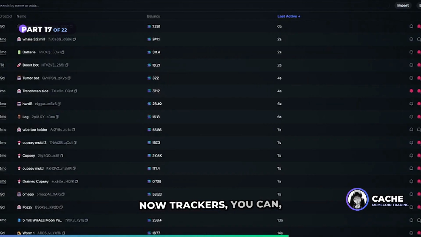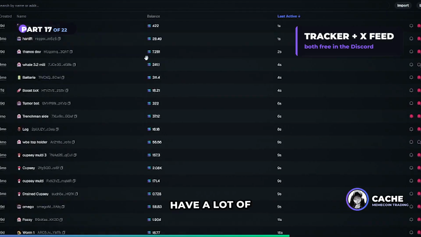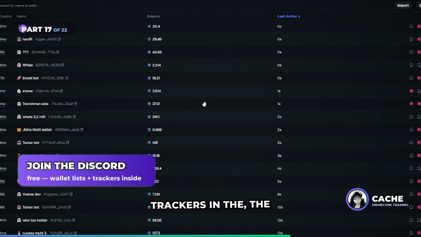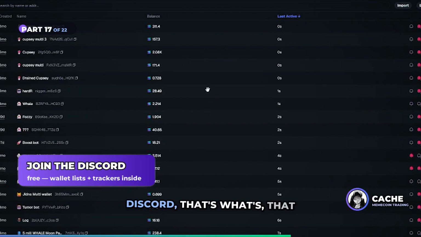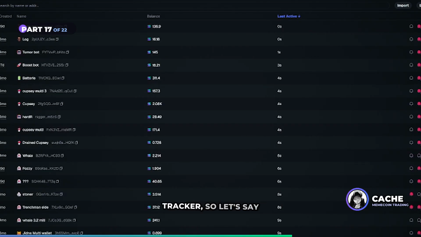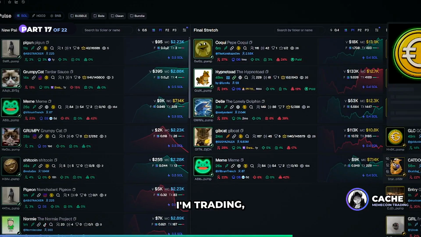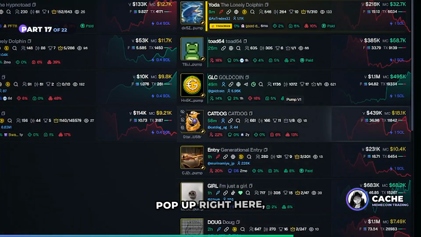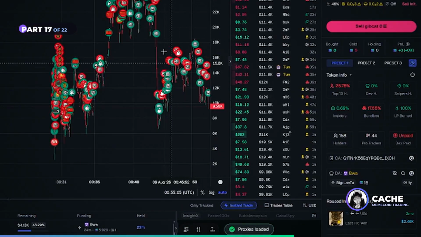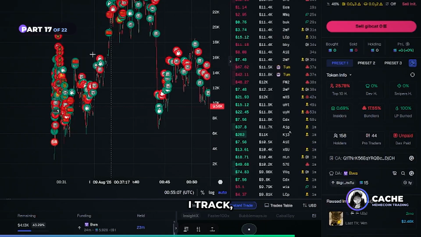Now, trackers. You'll see that I have a lot of tracker lists. We'll have trackers in the Discord that will be in the description down below, as well as a Twitter tracker. So let's say I'm trading, you'll start seeing stuff pop up right here, and as well, you'll start seeing these bubbles. And this is just showing you certain people I track.